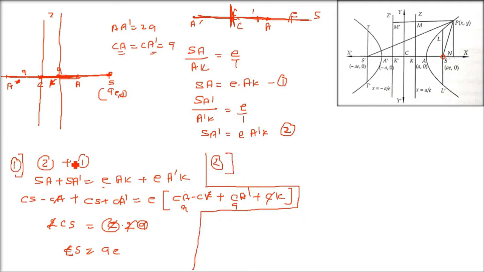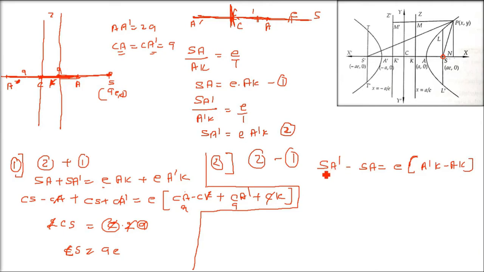So the second thing I'm going to do is subtract these two equations. I had 1 and 2, so I will subtract 1 from 2, that means 2 minus 1. What are we going to get? SA dash minus SA equals e, take e common, and here you get A dash K minus AK.